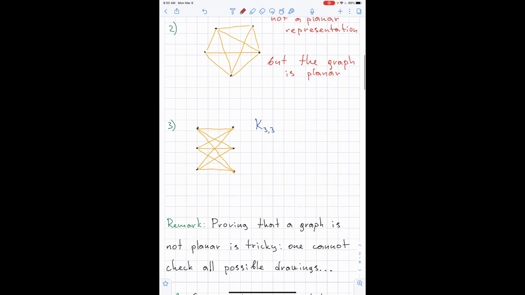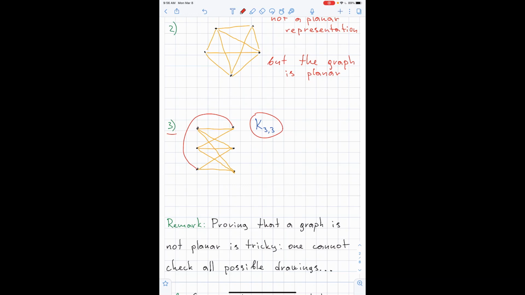Another example, third example here, is the graph K33. This is a complete bipartite graph with two partites of size 3. Clearly, the way I've drawn it here, it has a lot of intersections, and we can try to remedy this. Say, okay, let's take out this edge and draw it going around like that.